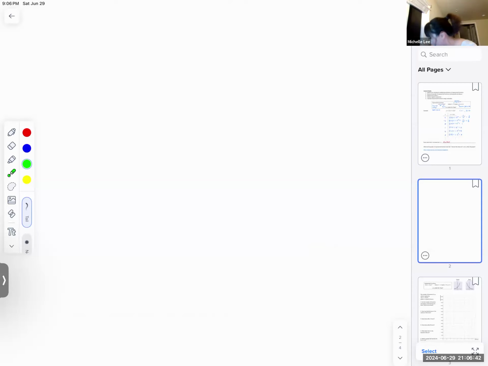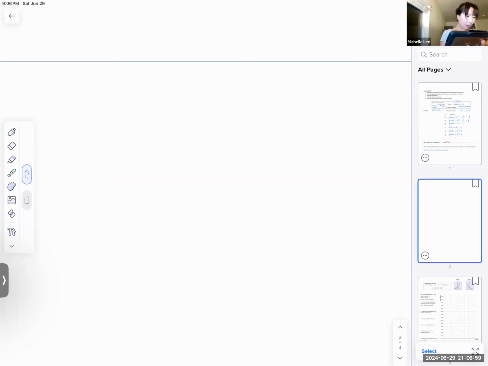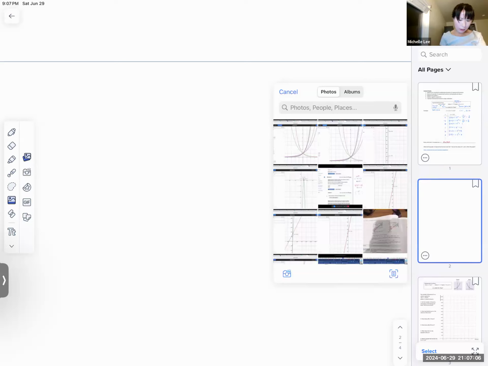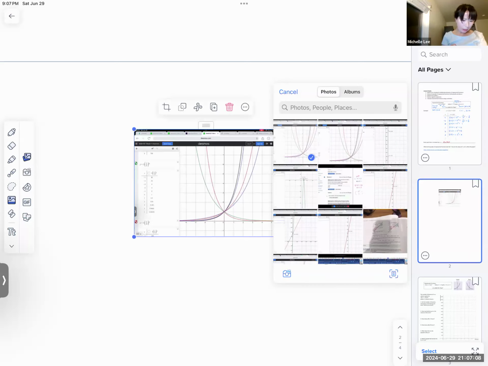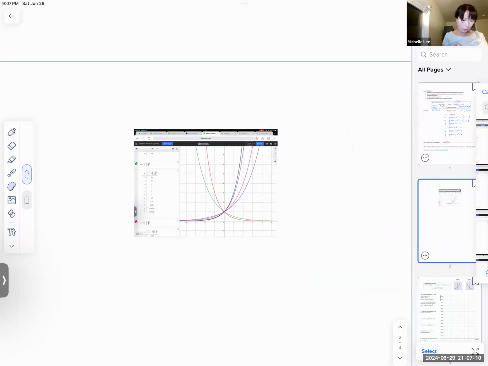Okay, all right. Paste. Oh, it doesn't work. Let me see, a screenshot, you see here. Okay, screenshot here.